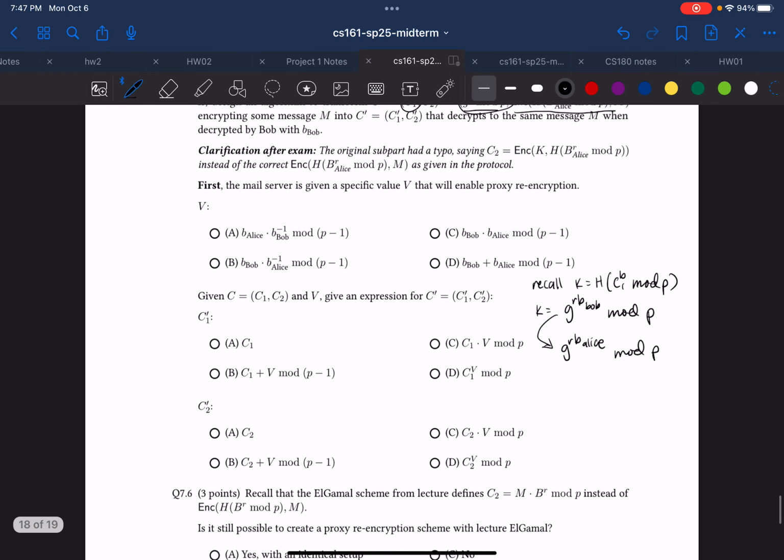So we can write this further. We want our key to be the hash of the new ciphertext that Bob is going to try to decrypt.